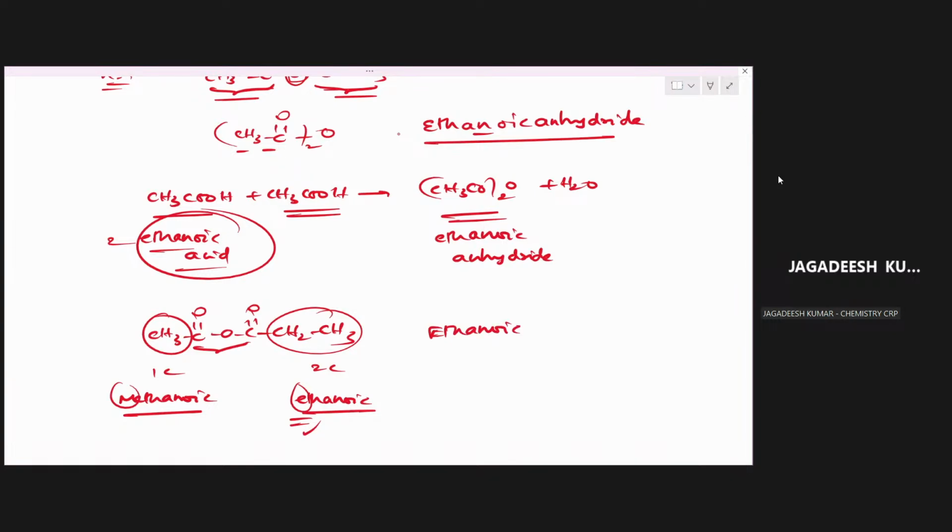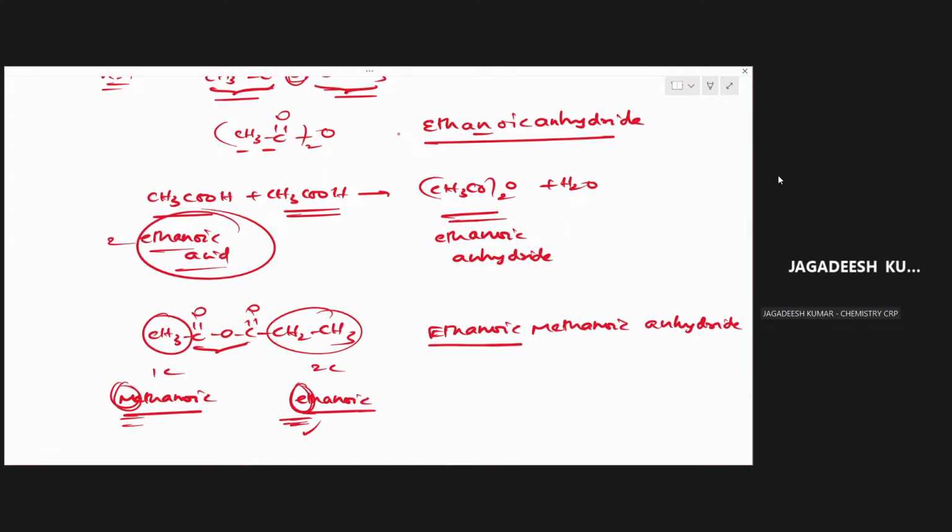If we are taking 2 different acids, this anhydride is formed from 2 different acids. That's why it is ethanoic methanoic anhydride. Both we have to write here. But if both are the same, any one you can write. So ethanoic methanoic anhydride. If you have different alkyl groups, then you have to see the alphabetical order of the first letter, which one is coming first.